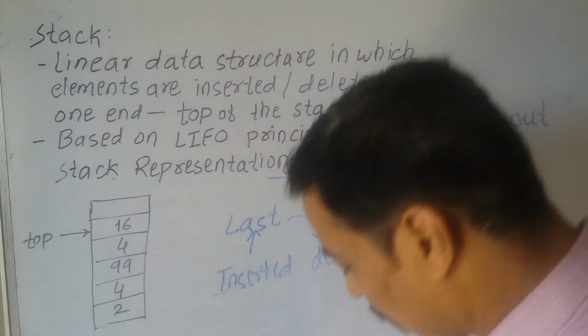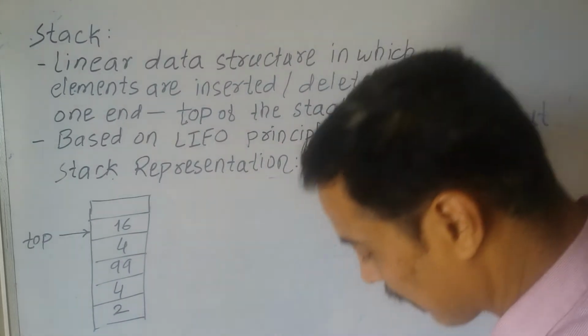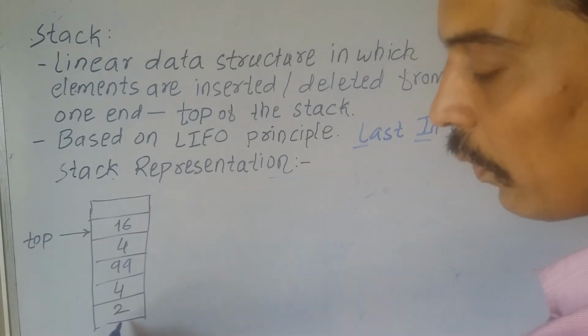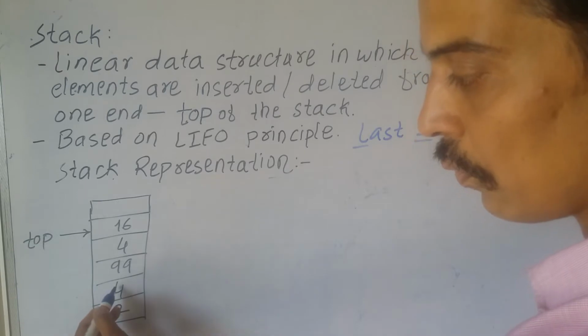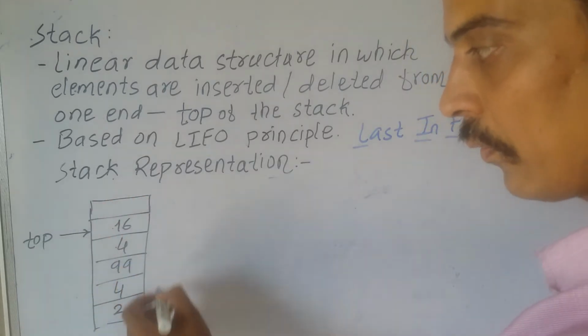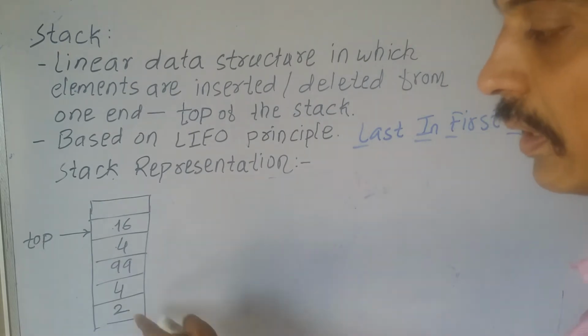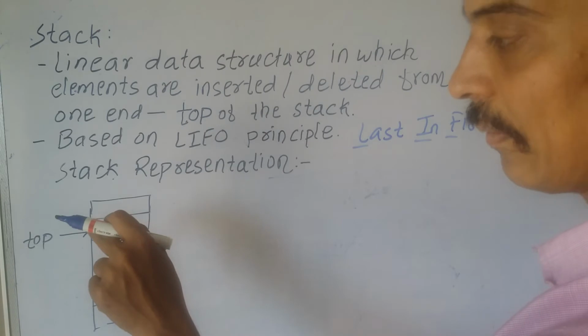Now how can we represent the stack in the memory? We can represent the stack in the memory in this way. For example, there are some elements stored in the stack. First is 2, 4, 99, 4 and 16. So at the end of the insert operation, I am inserting 1, 2, 3, 4, 5 elements in the stack. Clear?